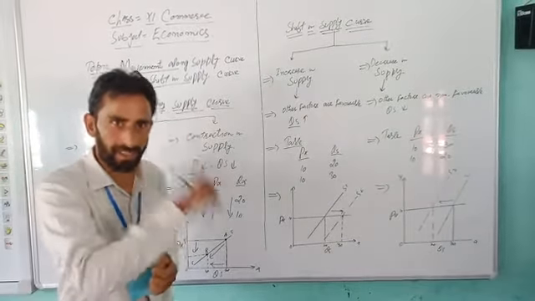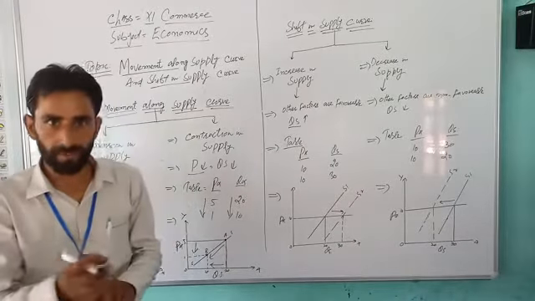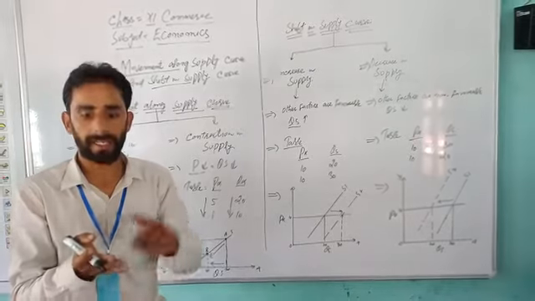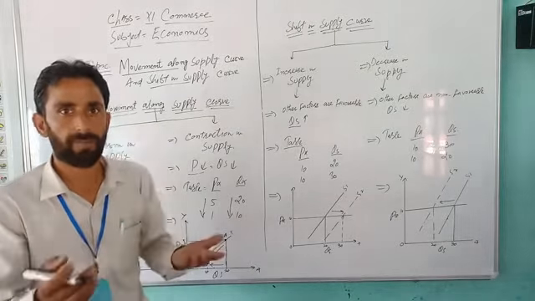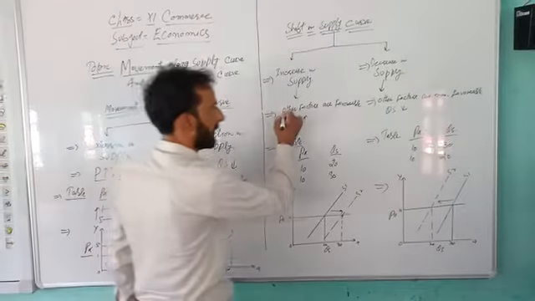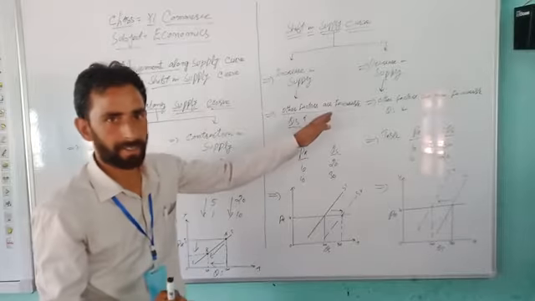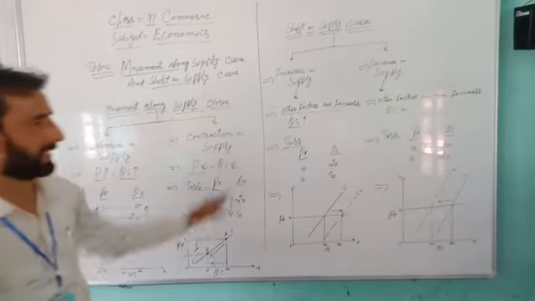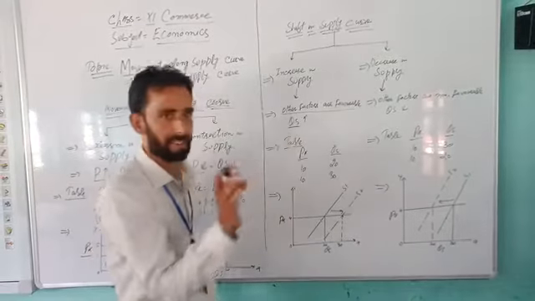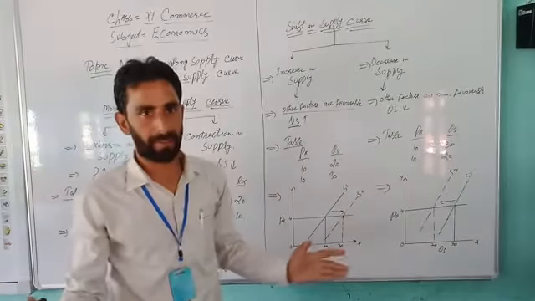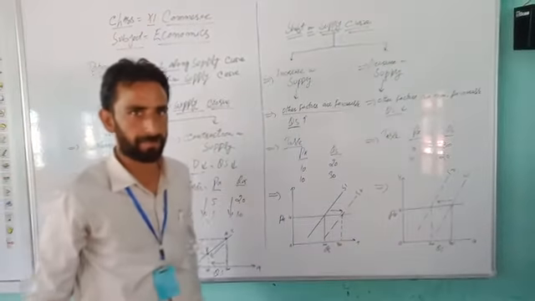There we discussed the algebraic expression that Sx is equal to a function of Px, Pr, Y, T, expectations, technology, number of firms, goal of firm. When other than price remains constant, here only price is not the responsible factor. In this situation, other factors are favorable. When they are favorable, quantity supplied is increasing. When other factors are not favorable, quantity supplied will decrease. That is called a decrease in supply, and the other is called an increase in supply.